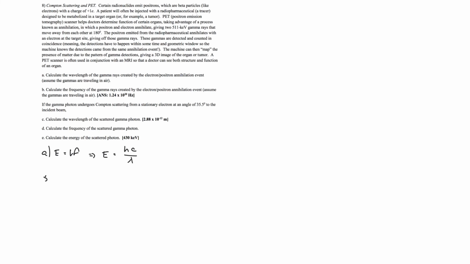So we're given the energy is 511 times 10 to the third eV. So h in this case is given to us in terms of joules. So 6.636 times 10 to the negative 34 joule seconds. We want to convert that right away to eV.